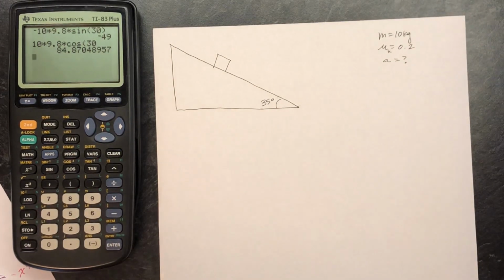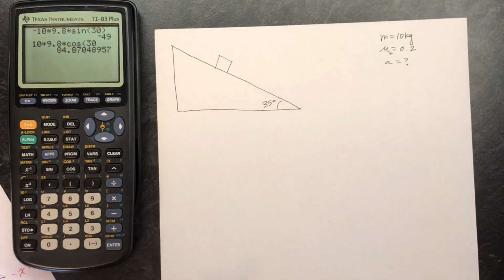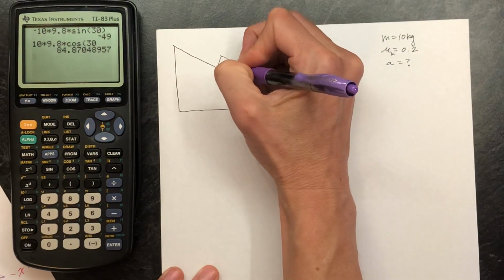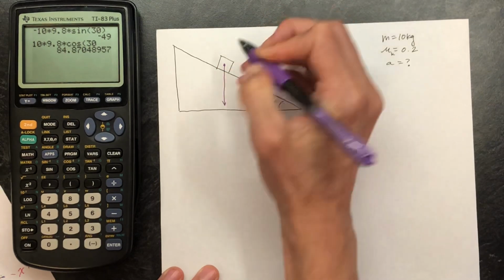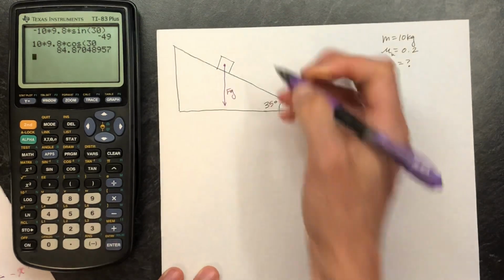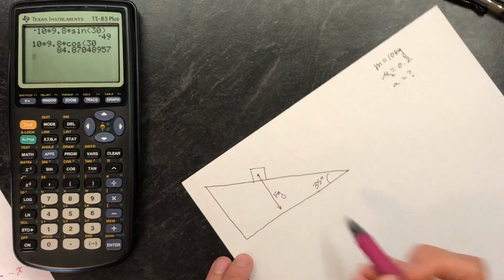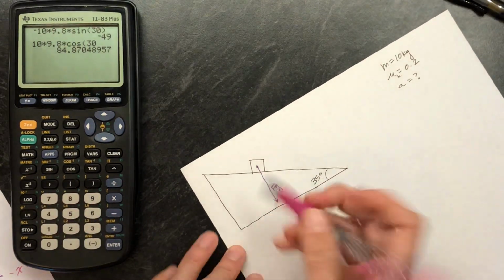So in this case, we are going to follow the same steps that we followed before. The first thing we do is sketch the situation. We're going to draw a force of gravity arrow down, rotate our paper so that the incline looks horizontal to you.